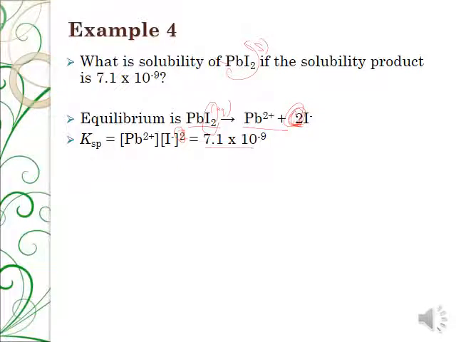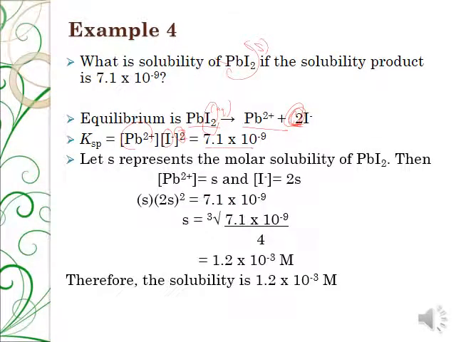So this is the Ksp. Now we abbreviate like we did for the previous example. We use the letter S also to represent the molar solubility.